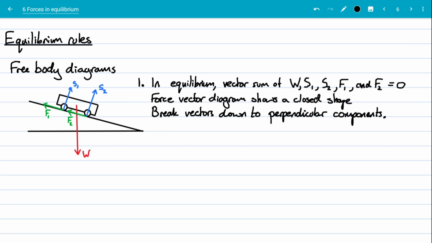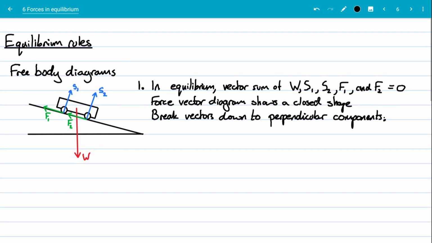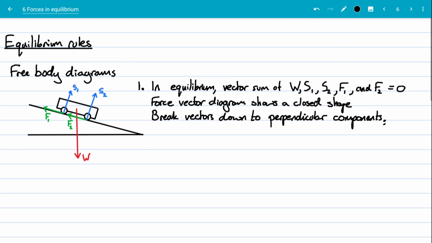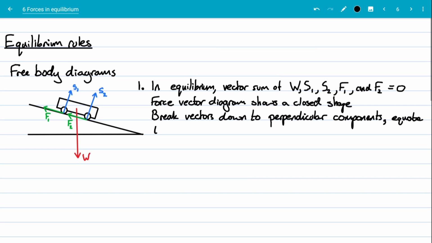So the components that are parallel to the slope, so that's F1, F2, and the parallel component of W, will all equal 0 when added together. And the components that are perpendicular to the slope, so S1, S2, and the perpendicular component of W, will also add up to equal 0. So break down into perpendicular components, and equate to 0 separately.